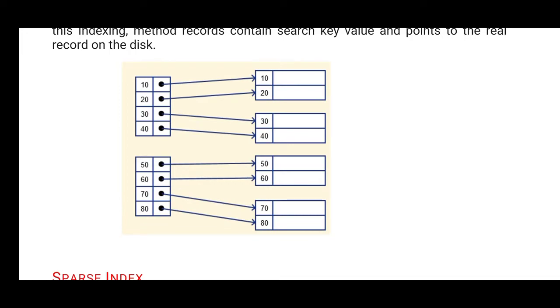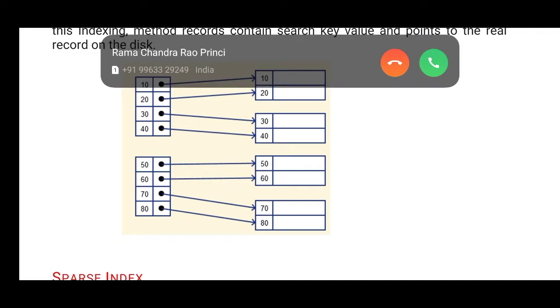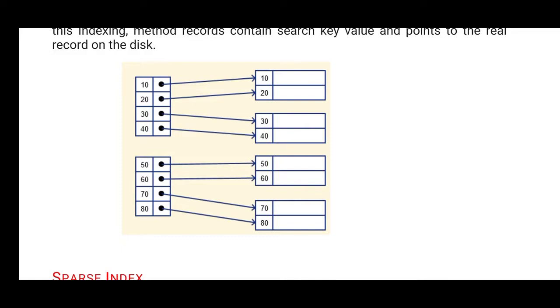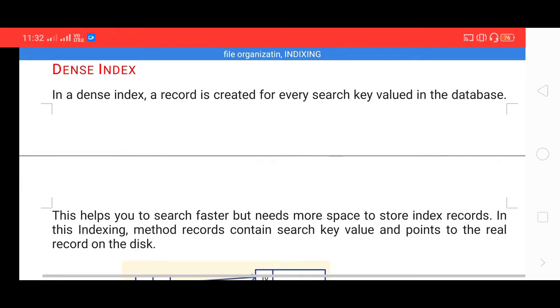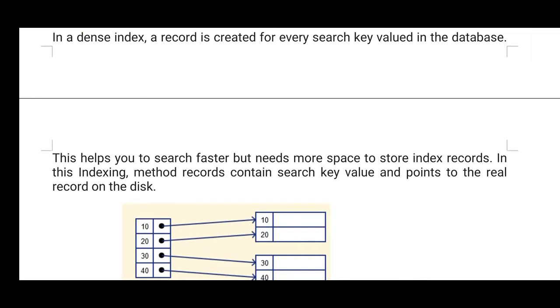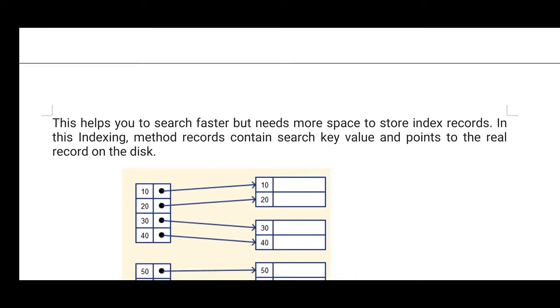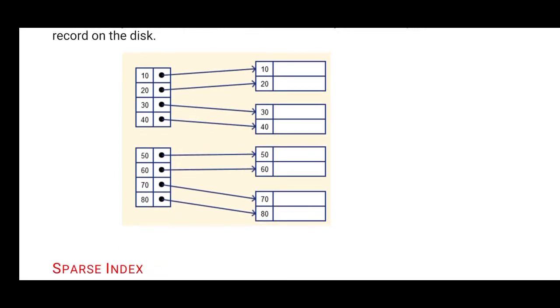Here we have two blocks: 10, 20, 30, 40 and 50, 60, 70, 80. This is the dense index. Here the search key values point to the real record on the disk.